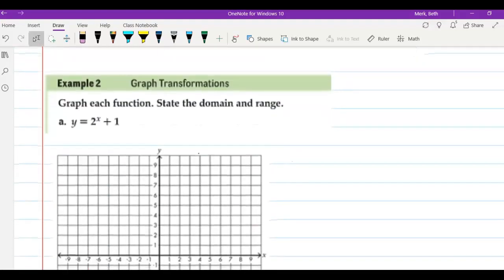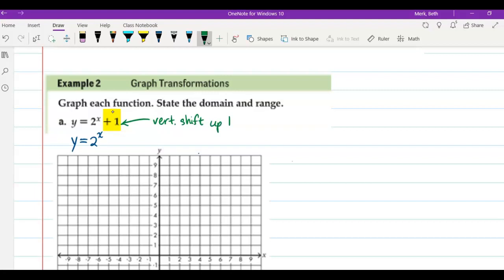Let's practice. So here our parent function is y equals 2 to the x. How are these different? Well, we've added 1 outside the function. This causes a vertical shift up 1.